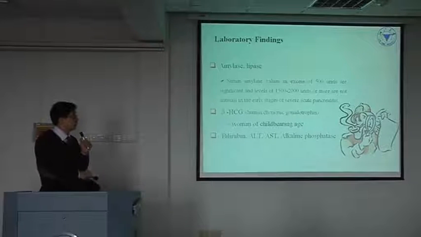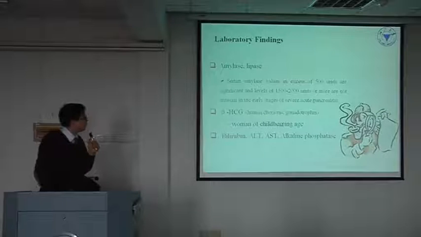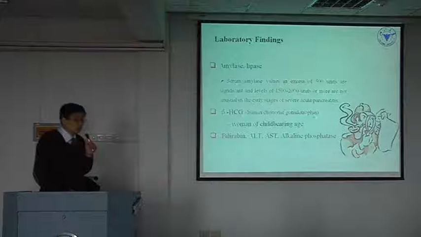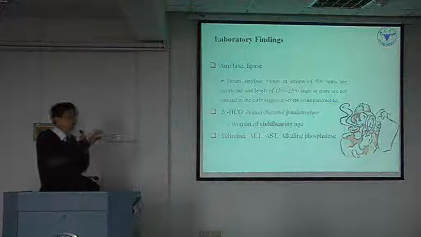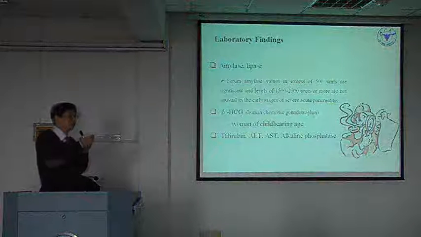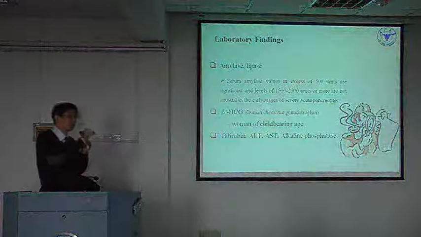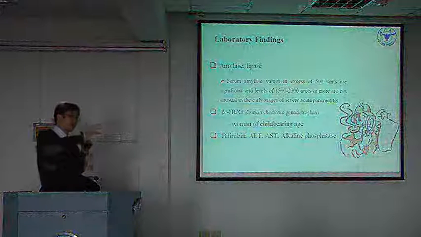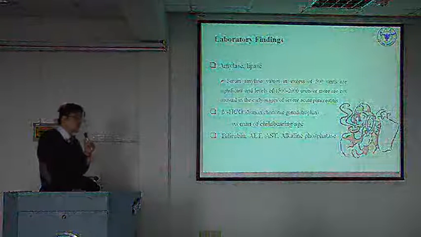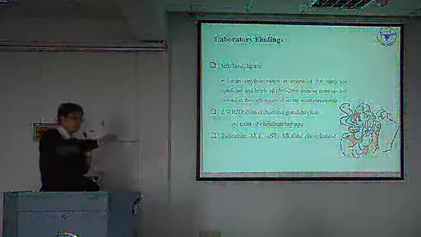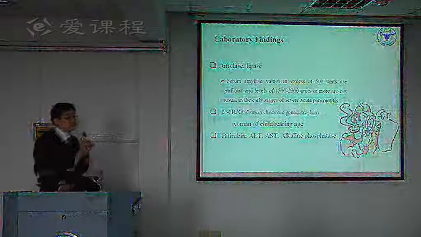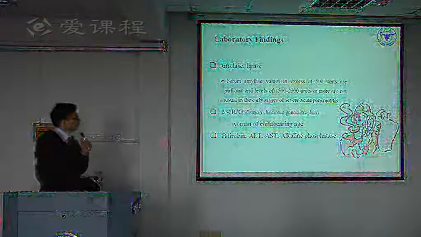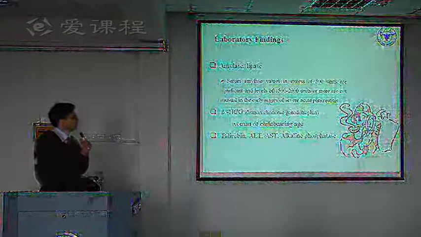You have to check HCG, the human chorionic gonadotropin, because you know it's secreted by the placenta and secreted to the blood of the mother, and the level will increase to the peak about 8 weeks after pregnancy, and then decrease gradually. So it's very sensitive for detecting early pregnancy. Okay, and then you will check bilirubin, ALT, AST, and AKP.